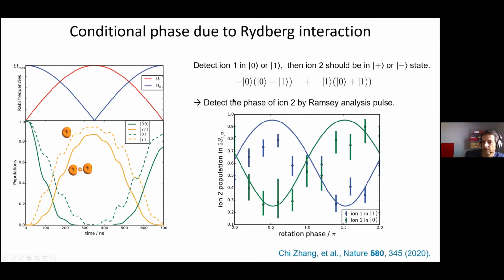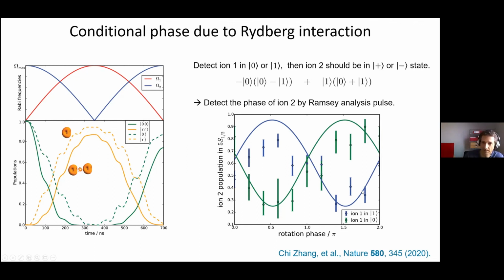If you then use this, you will end up in such a state. For one of the ions in the 0 state, you will end up in a 0 minus 1 state. For the first ion in state 1, you will end up in a 0 plus 1 state. So effectively, this is the phase that is induced by this conditional phase gate. Depending on the state of the first ion, you have a conditional phase on the second ion.